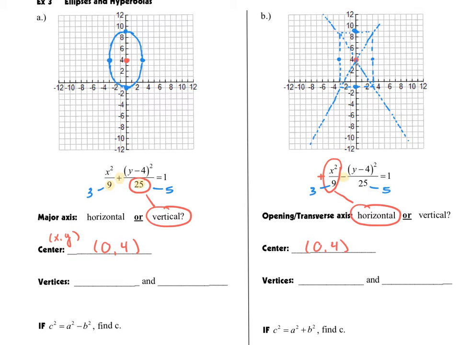Okay. And then since we predetermined that because the x term was the positive term, it should open horizontally, we're going to sketch in our graph, and it should approach these diagonals because these diagonals are actually asymptotes. So it's going to come along that box and approach that asymptote.